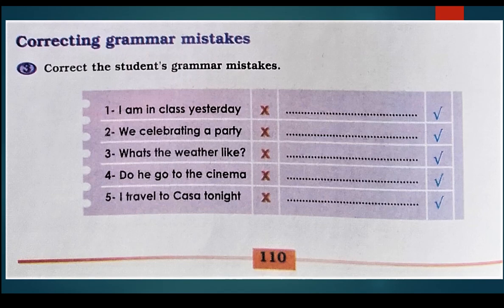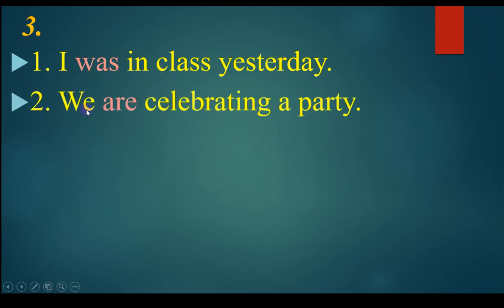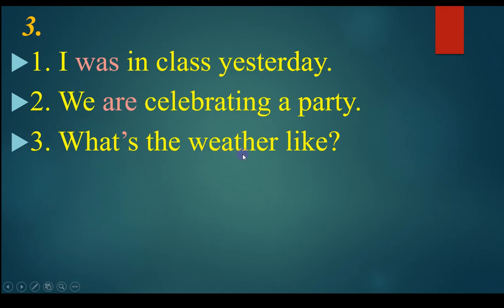Let's skip to the answers. شو دابا الأجوبة. The mistakes are written in red. الأخطاء راه مكتوبين بالأحمر. I was in class yesterday. Not I am in class yesterday. 2. We are celebrating a party. Not we celebrating a party. 3. What's the weather like?